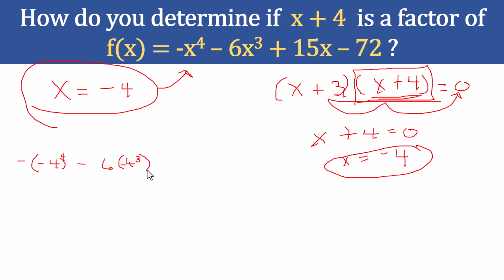Should be putting that inside there. Plus 15 times negative 4, minus 72. All right, get your calculator out. I think you can do this with just a simple calculator.